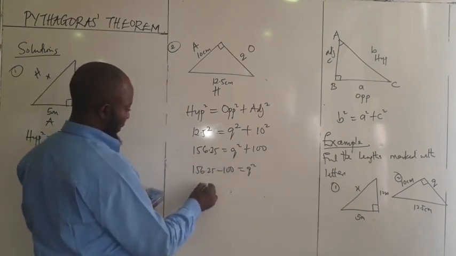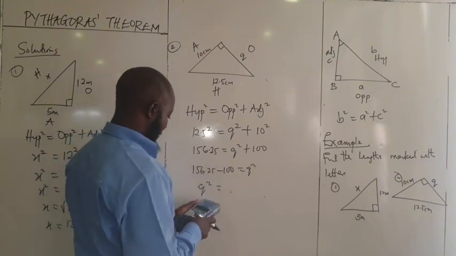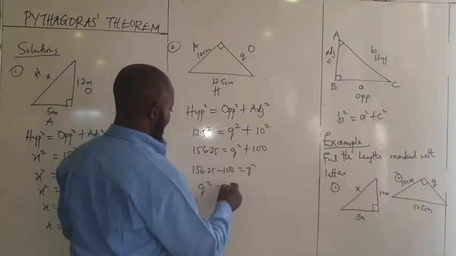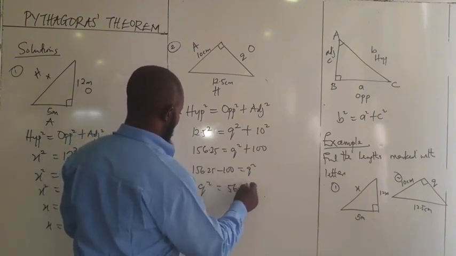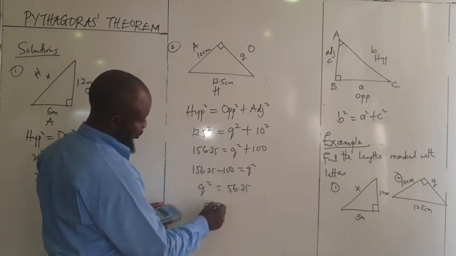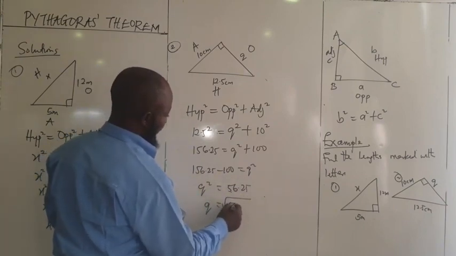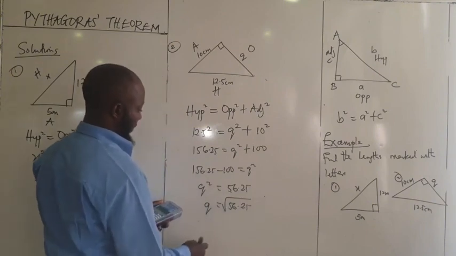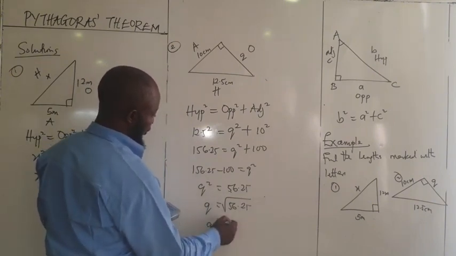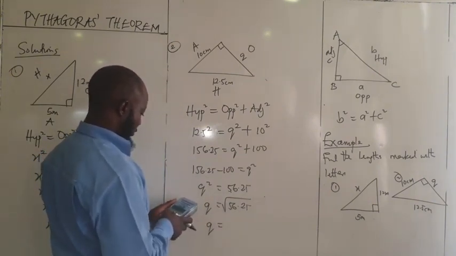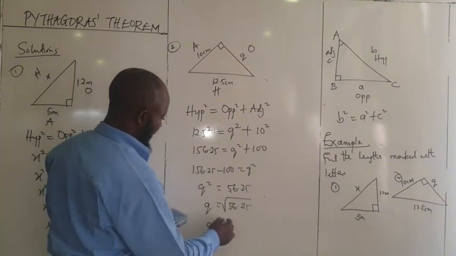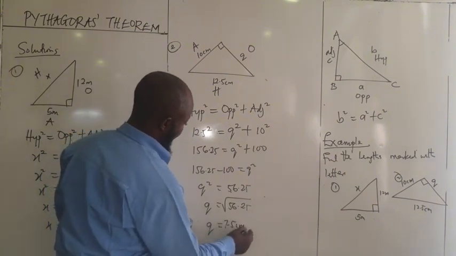So that means q squared equals 56.25. That means q equals the square root of 56.25, which is equal to 7.5 centimeters.